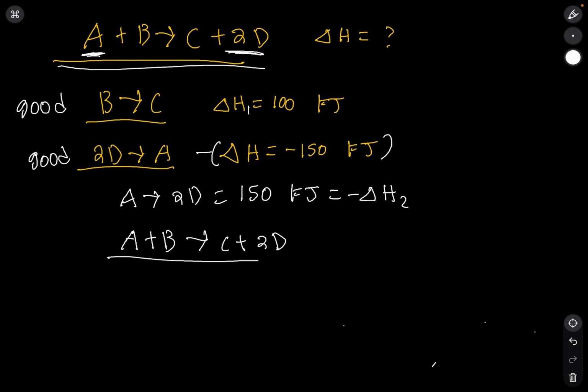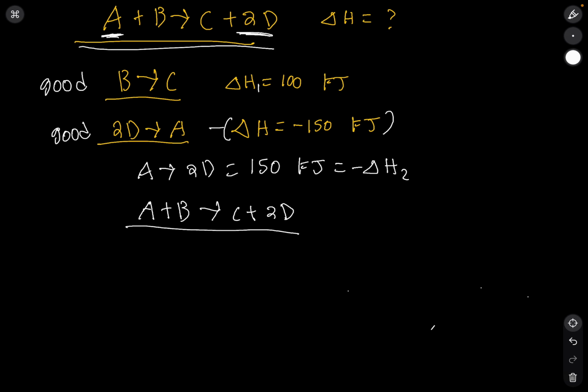So now we have our general formula, but how do we find the total enthalpy change? Essentially, we just sum. Since we can sum the enthalpy, what we can do here is delta H1 plus negative delta H2. The reason why I do negative delta H2 and not just delta H2 is because delta H2 at the beginning was negative 150.